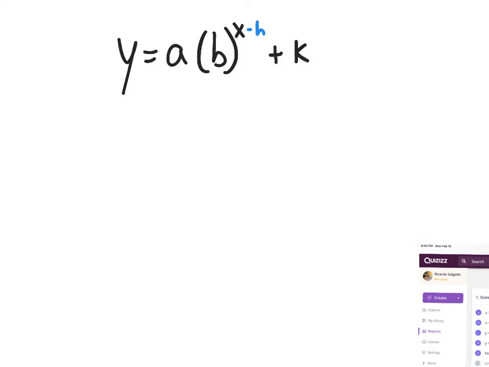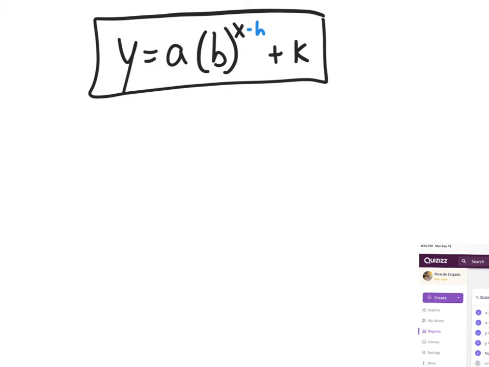There are many things to note about this exponential growth or decay function setup, y equals a times b to the power of x plus k. One thing to know is that the base, whatever's inside the parentheses, is your growth or decay factor, okay? If that b is a value greater than 1, it's going to grow.